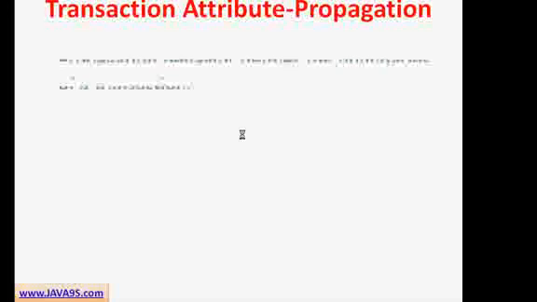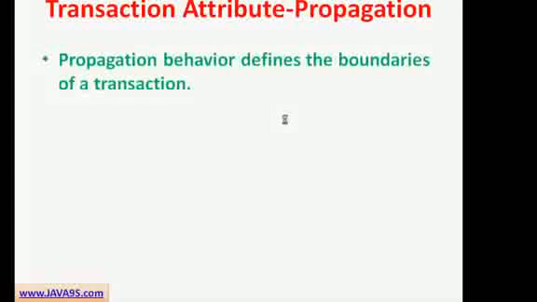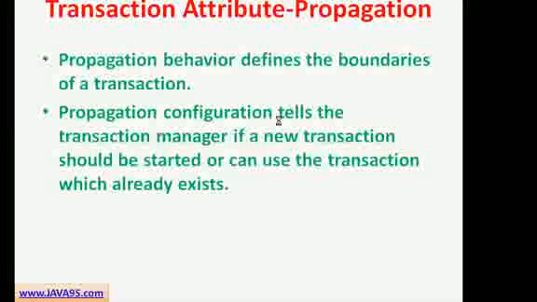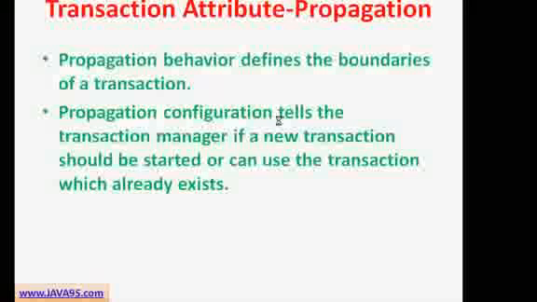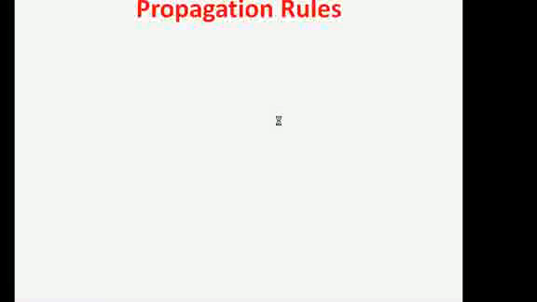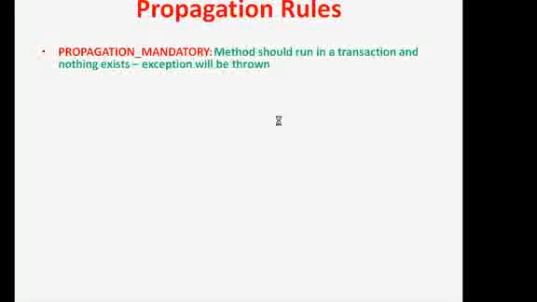If you look at it, propagation behavior defines the boundaries of a transaction. Propagation configuration tells the transaction manager if a new transaction should be started or if it can use a transaction that is already existing. So let me explain the rules. Propagation mandatory.